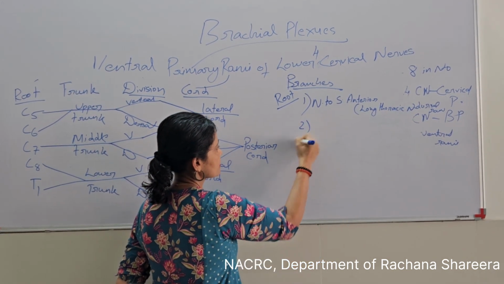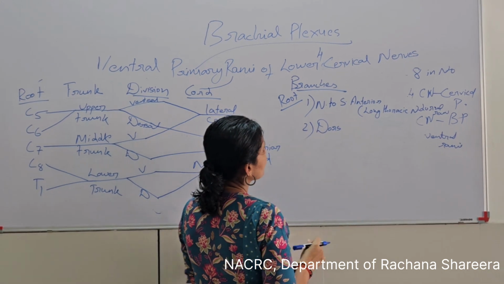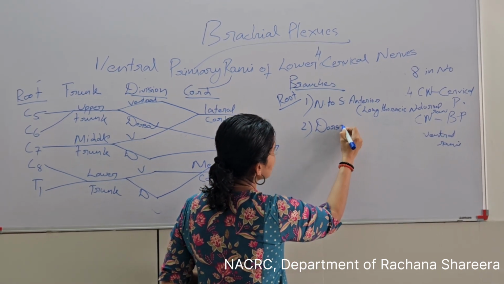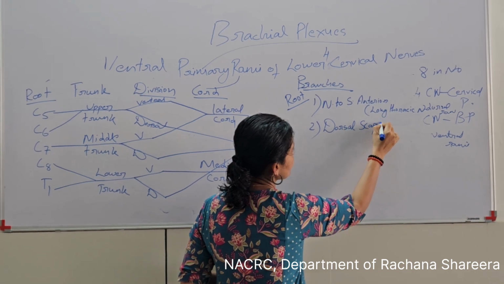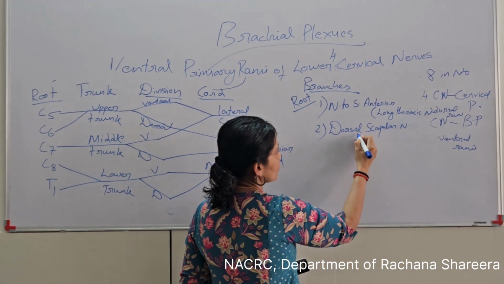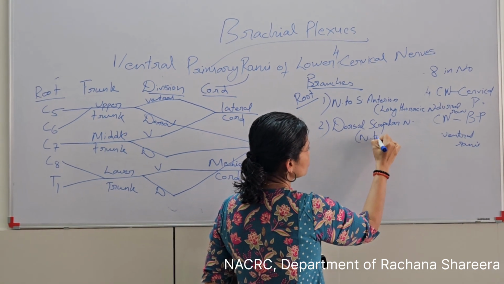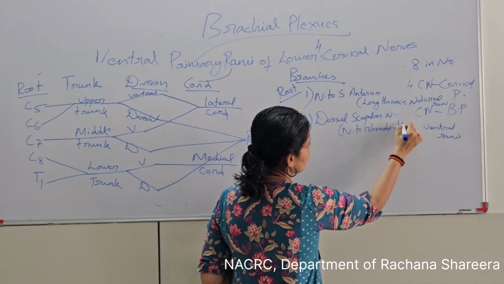Next, dorsal scapular nerve, otherwise known as nerve to rhomboids.